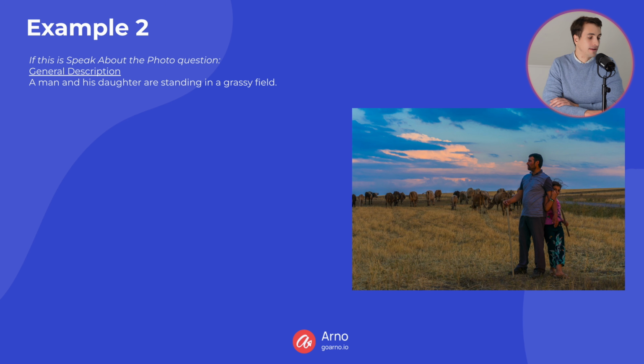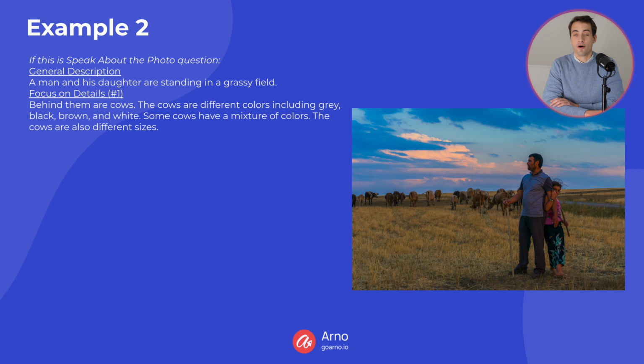A man and his daughter are standing in a grassy field. That's the same. Behind them are cows. The cows are different colors, including gray, black, brown, and white. Some cows have a mixture of colors. The cows are also different sizes.